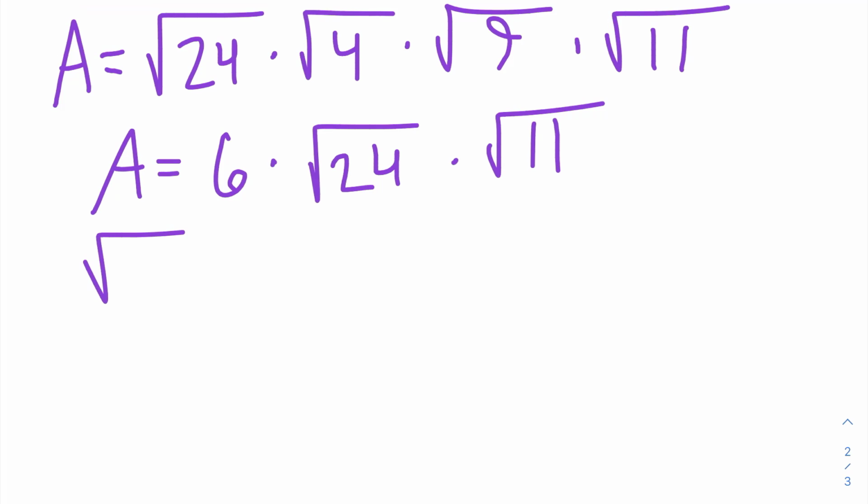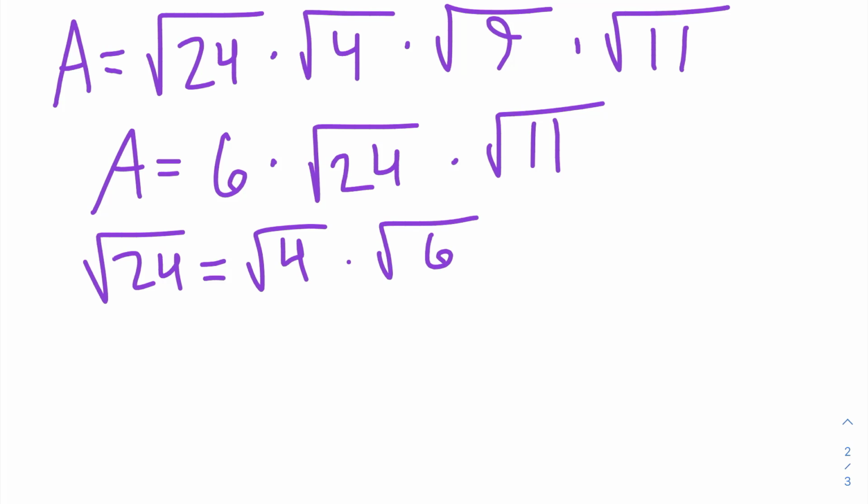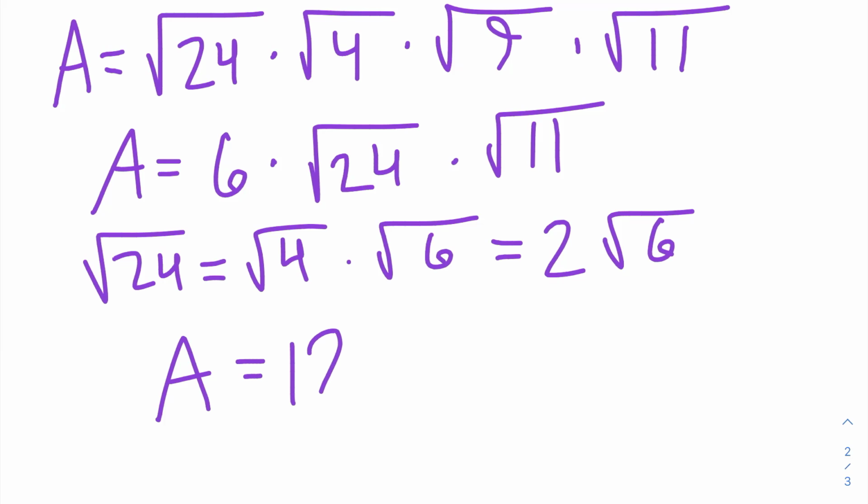We know that the square root of 24 is equal to the square root of 4 times the square root of 6, which is just 2 times the square root of 6. So the area is equal to 12 times the square root of 66.